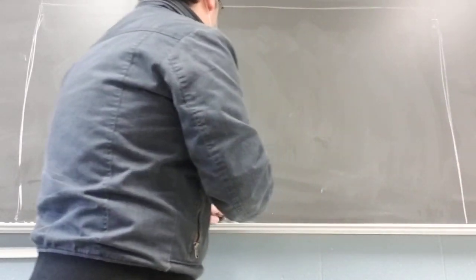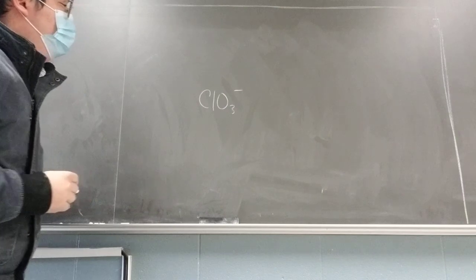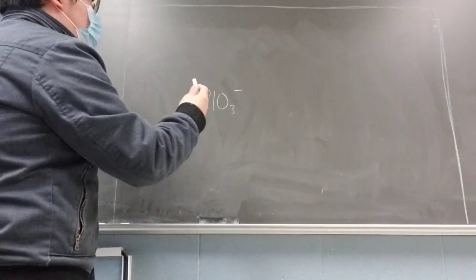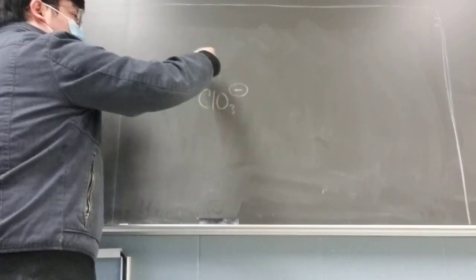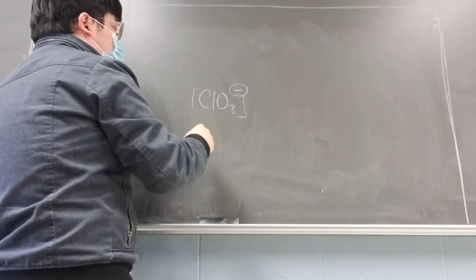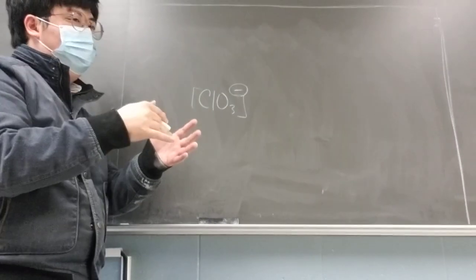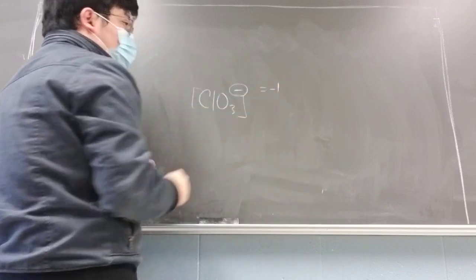So once again, if you look at the chlorate, this is kind of tricky because now you have a negative charge on the whole ion. That means the sum of each element's oxidation number has to be not 0, but -1.